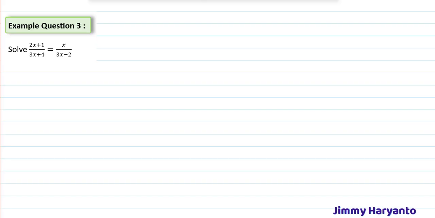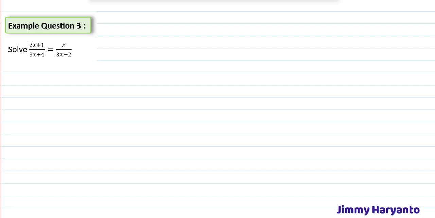Okay, after you learn how to solve the equations, right now I want to show you the questions related to the quadratic equations. So example question 3 says 2x plus 1 over 3x plus 4 equals x over 3x minus 2.